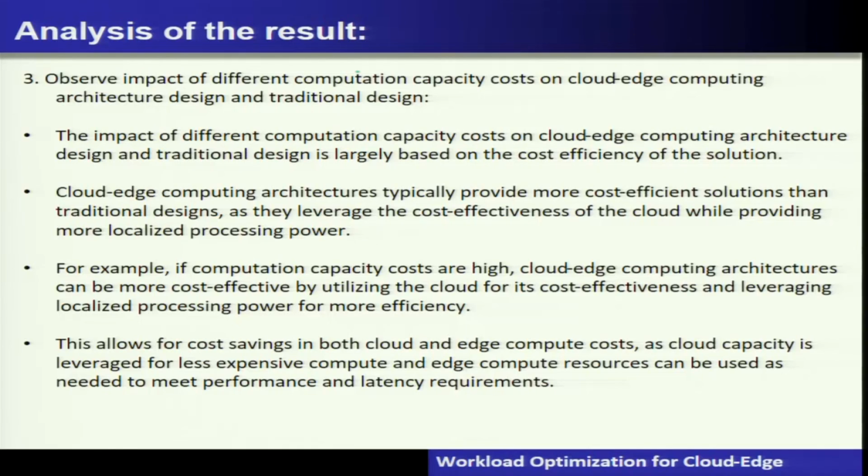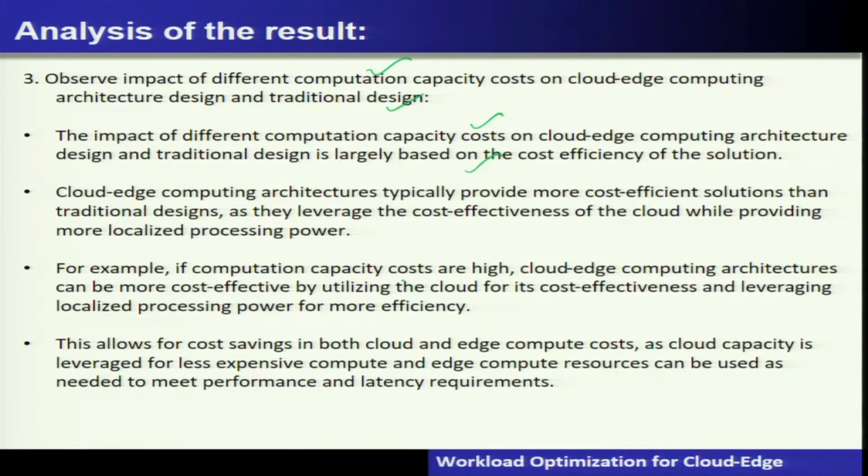We have to observe the impact of different computational capacity costs on cloud edge computing versus the traditional design approach, which is studied in this lecture. The impact of different computational capacity costs on the cloud edge computing architecture and the traditional one is largely based on the cost efficiency of the solutions.